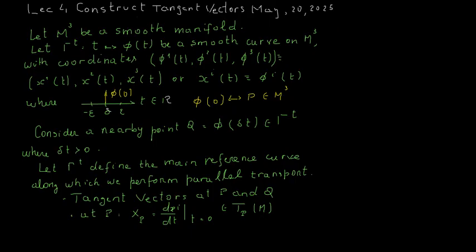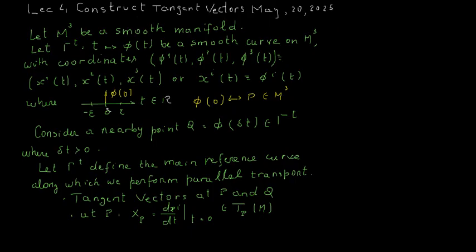Now, consider a nearby point Q. Phi of delta t belongs now to the same curve gamma of t. You see? The same gamma of t. P and Q belong to the same gamma of t, where delta t is a positive increment.